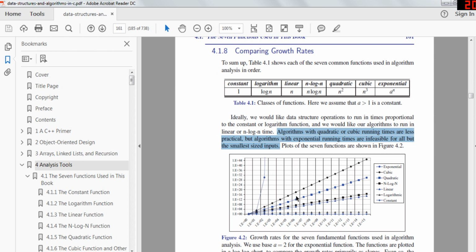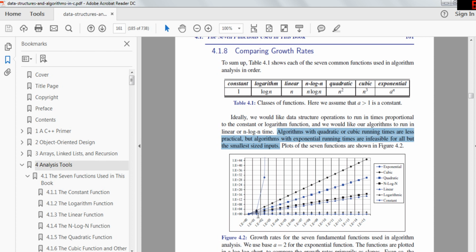Here's the quadratic, which is also kind of inefficient. And log n is pretty efficient. The next one is n log n. Look at it, it just rises a little. It's faster than the quadratic because it doesn't increase its slope that quickly.